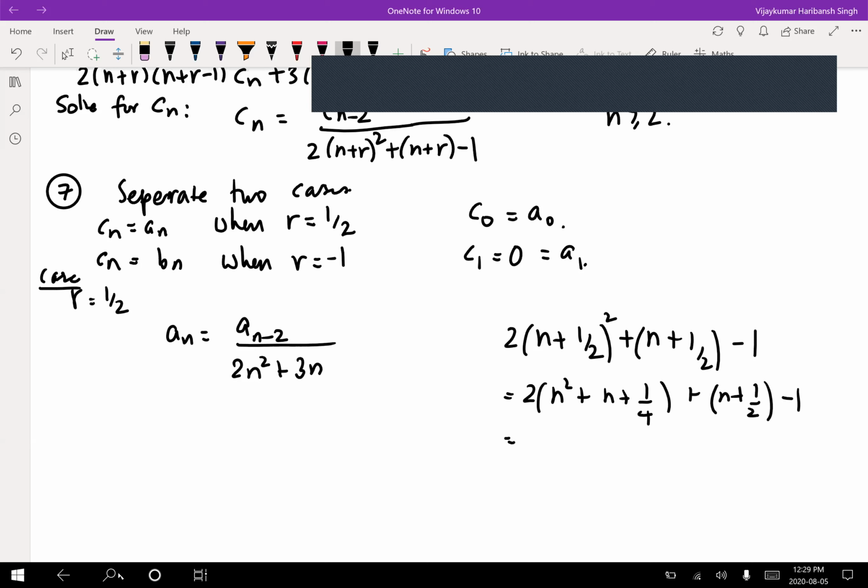There's a cancellation, and we'll be left with 2n squared plus 3n, and 2 times 1 by 4 minus half becomes basically 0. Thus we get an equals 0 when n is odd.